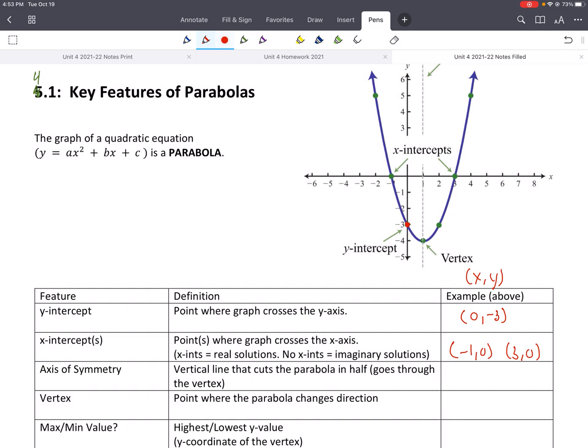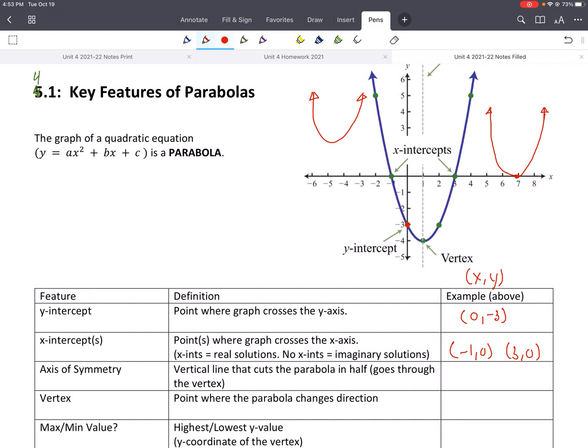In class, we talked about what our graph would look like if we had no x-intercepts. That would look something like a parabola like that, where it never crosses the x-axis. We also talked about how we could have one x-intercept if it came down and just touched right on that x-axis and then came back up. Sorry, my parabolas aren't perfect, but I think you get the idea.